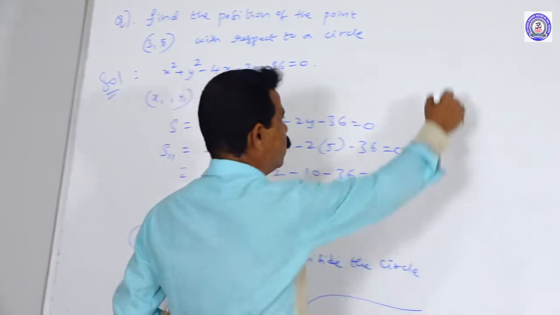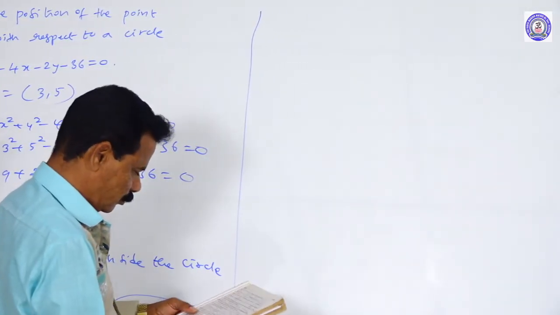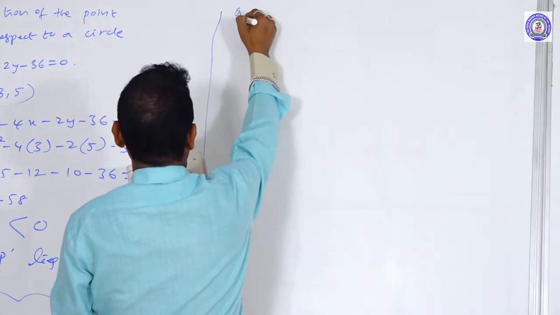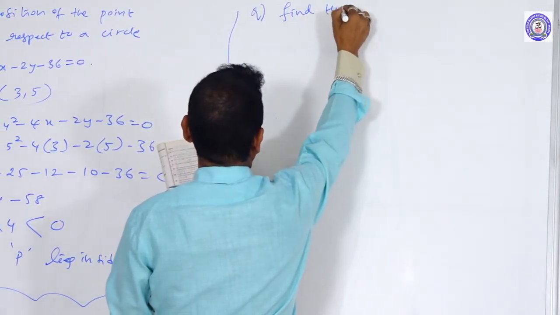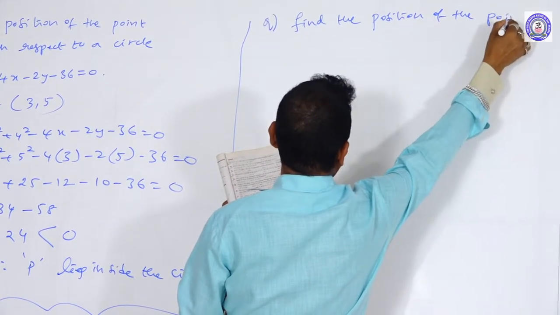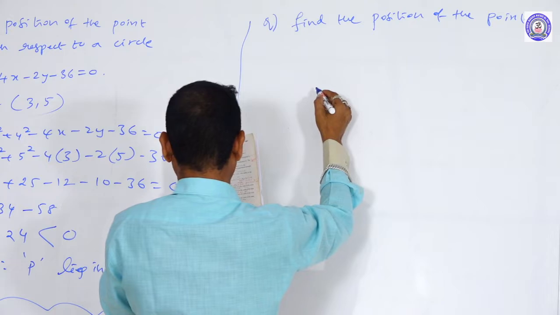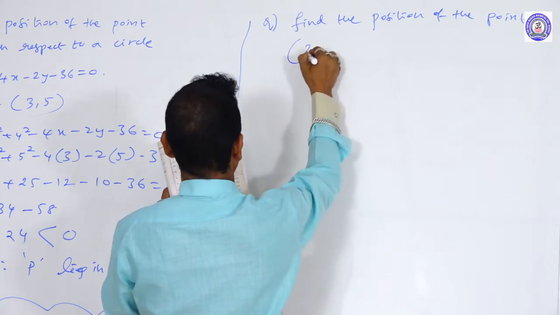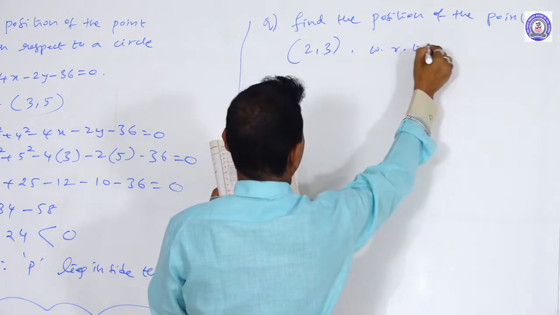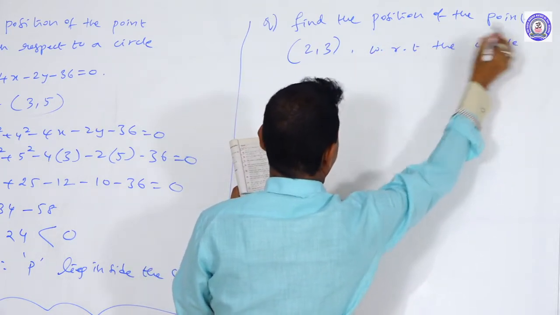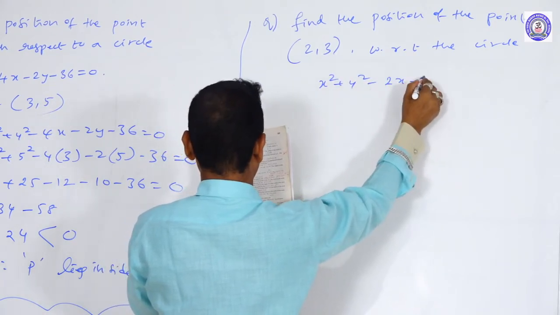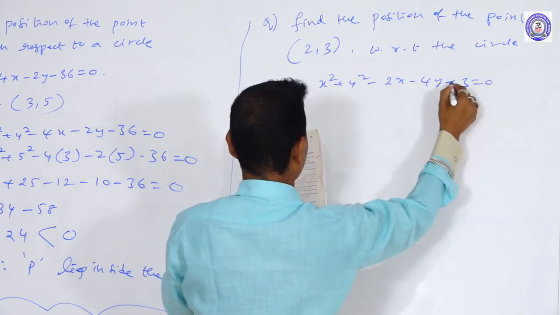Next, second question. Find the position of the point (2, 3) with respect to the circle x square plus y square minus 2x minus 4y plus 3 is equal to 0.